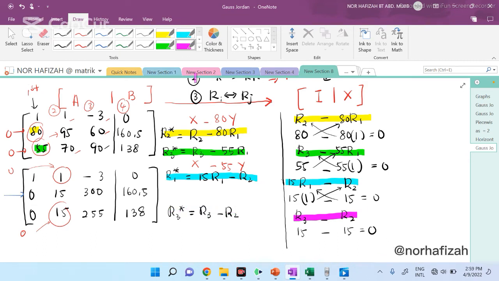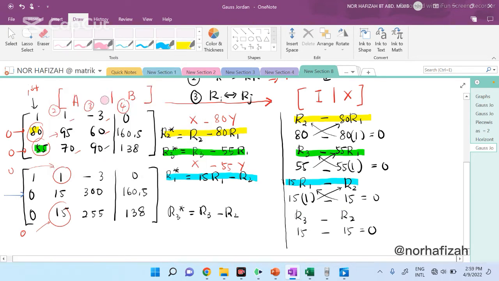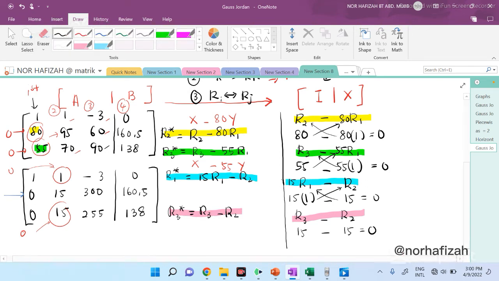Wow, that is too bright there, so I'm going to change. Okay, this one, better. So now we have row 1, 15R1.